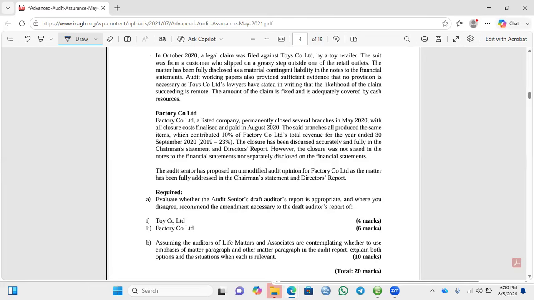The closure has been discussed accurately and fully in the chairman's statement and director's report. However, the closure was not stated in the notes to the financial statement nor separately disclosed on the financial statement.